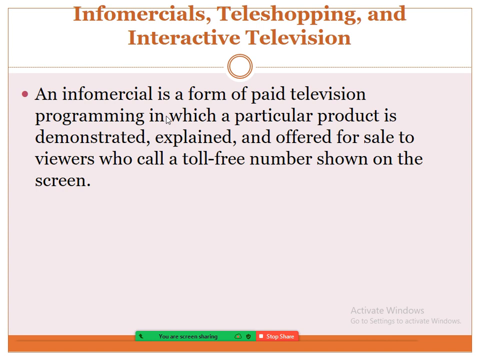The cost of producing a single commercial can reach 3 million dollars, and advertisers can pay as much as 500,000 dollars for the time slot on US cable and satellite systems or local television channels.